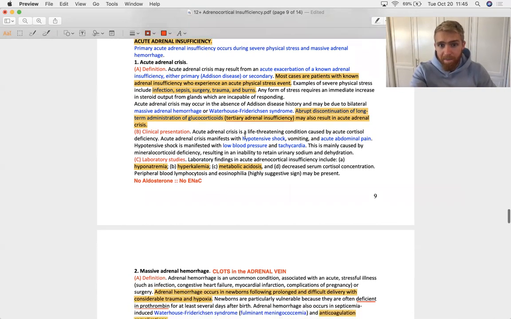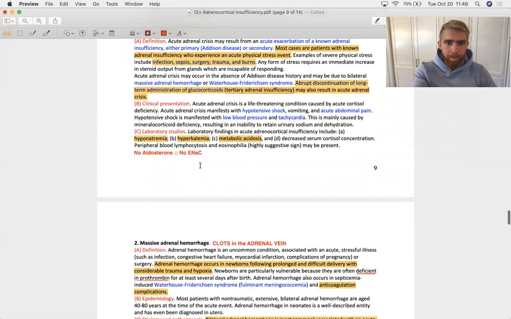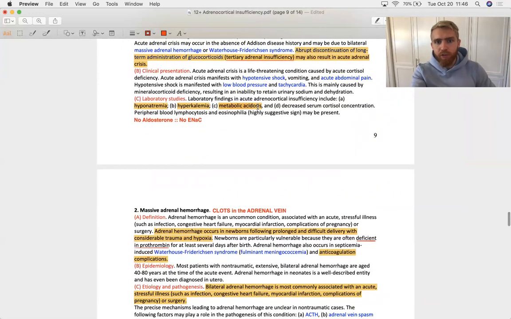Hypotensive shock is the big symptom. Vomiting is possible, acute abdominal pain, and tachycardia, kind of compensatory for the low blood volume, and hyponatremia and dehydration due to losing all those ions plus the low volume. Metabolic acidosis, why?